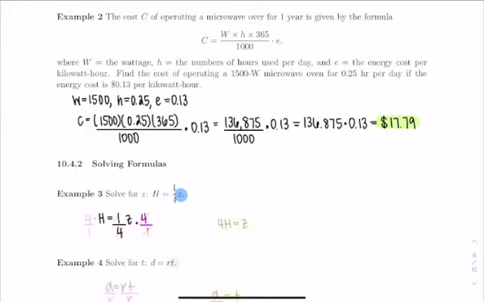And what I do to one side, I have to do to the other. Well, 4 over 1 is just 4. And so on the right-hand side, the 1/4 and the 4/1 cancel, and we're left with just Z, and on the left we have 4H.